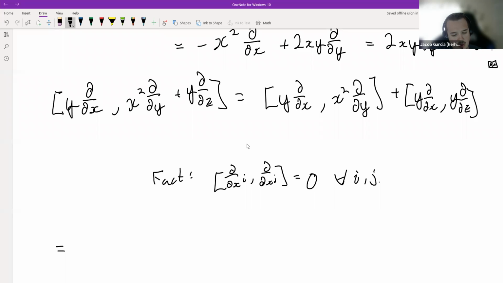Unless, at that point, now that you have monomials in the operators, you could do the first one as y del x of x squared del y.